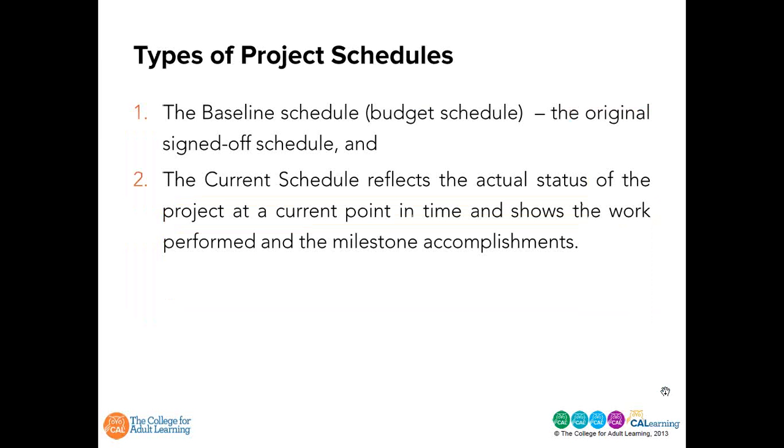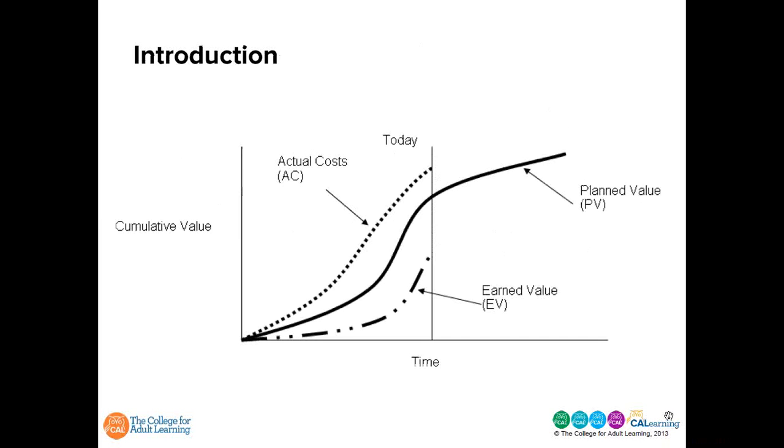The baseline schedule, the original sign-off schedule, and of course the current schedule, reality, the actual status of the project at a current point in time, and it shows the work performed and the milestones accomplished. Comparison of the two, now you can see that on the screen. The comparison between the budget and actual performance can show you just how well a project is tracking according to its original timelines.